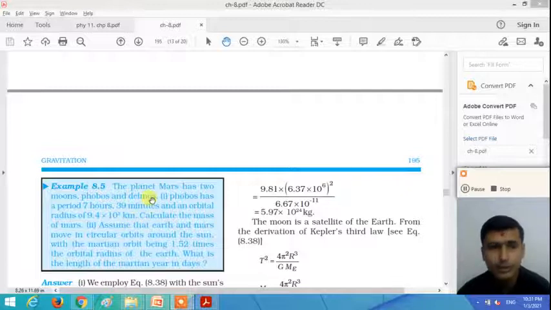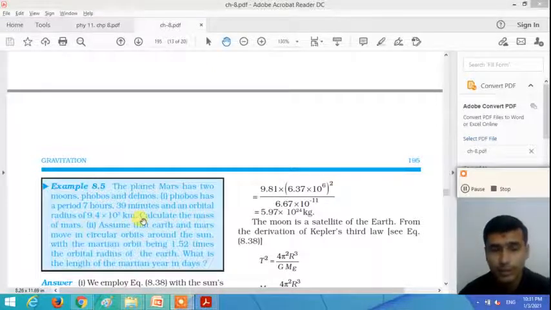So the periodic time of the first moon is given to you and the orbital radius of the first moon is given to you. Periodic time is 7 hours and 39 minutes, right? Orbital radius is 9.4 into 10 raised to 3 kilometer. Now calculate the mass of Mars.